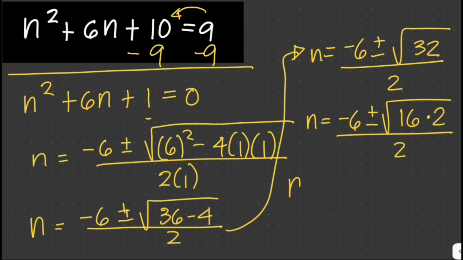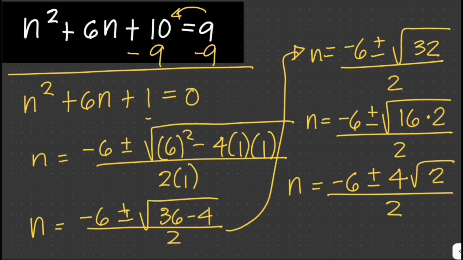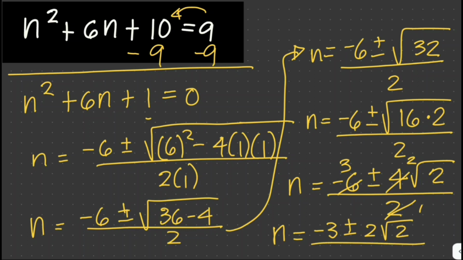And 16 is a perfect square, so we get the square root of 16, which is 4. So we can write 4 outside of the radical, and then square root of 2, over 2. Then notice here that negative 6, 4, and 2 are all divisible by 2, so we divide them by 2. So this is just 3, 2, 1. Therefore, the values for n are negative 3 plus minus 2 square root of 2. This is already 1.